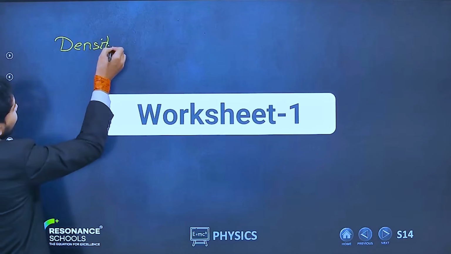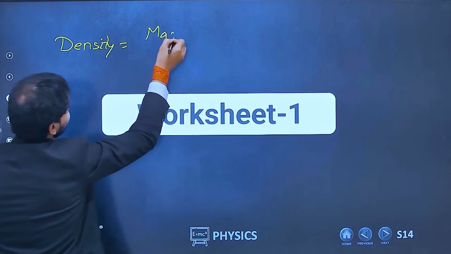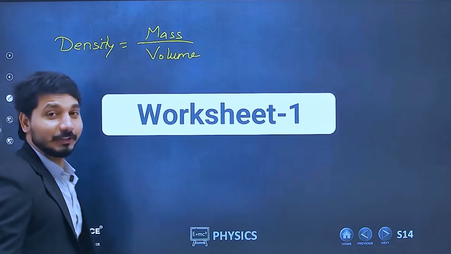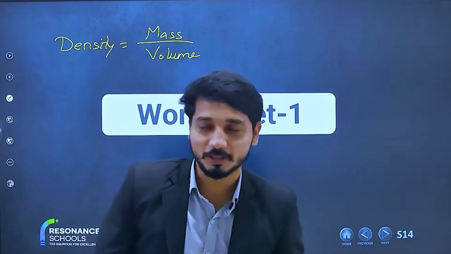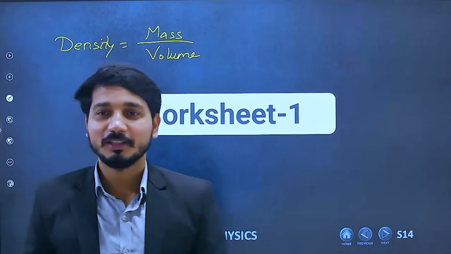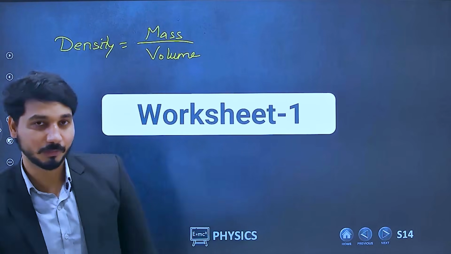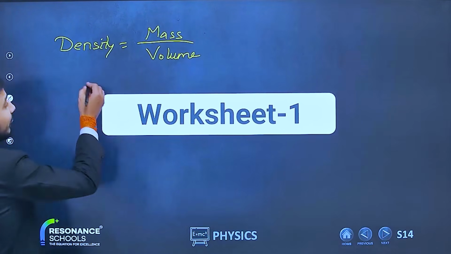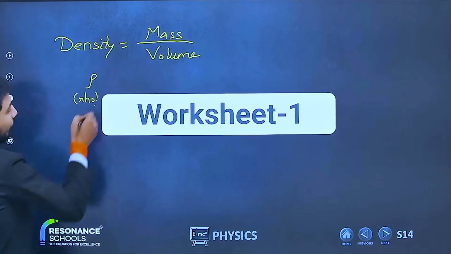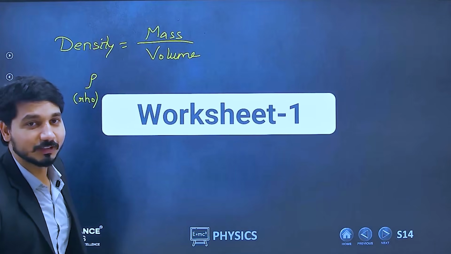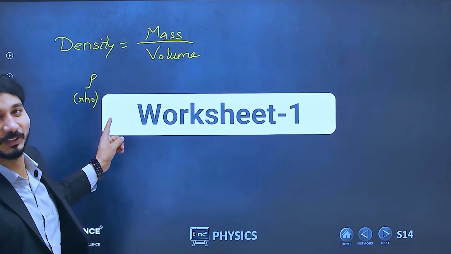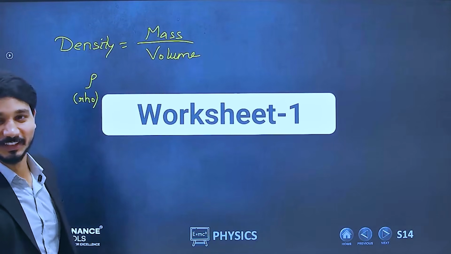Density is mass per unit volume, right? Density is mass per unit volume, and density is represented by the letter rho. This letter is called rho, not the Hindi rone wala rho. It's the name of the letter rho, right?